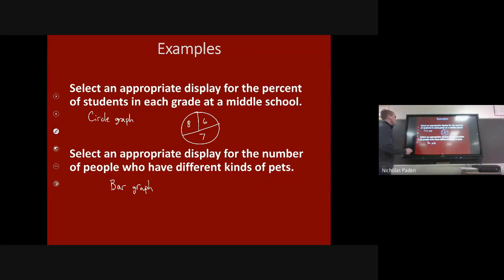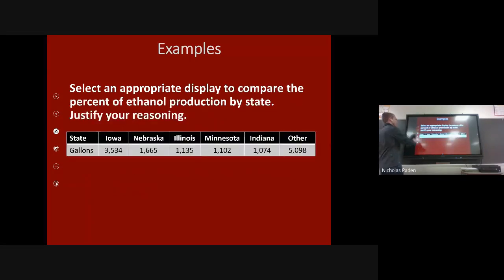So that's our first type of question. We got a couple more that we'll look at. So this next one, select an appropriate type of display to compare the percent of ethanol production by state, and justify your reasoning. So we need to also explain why we chose this. So we've got these different states, but notice what we want to compare. We want to compare the percent of production by state.